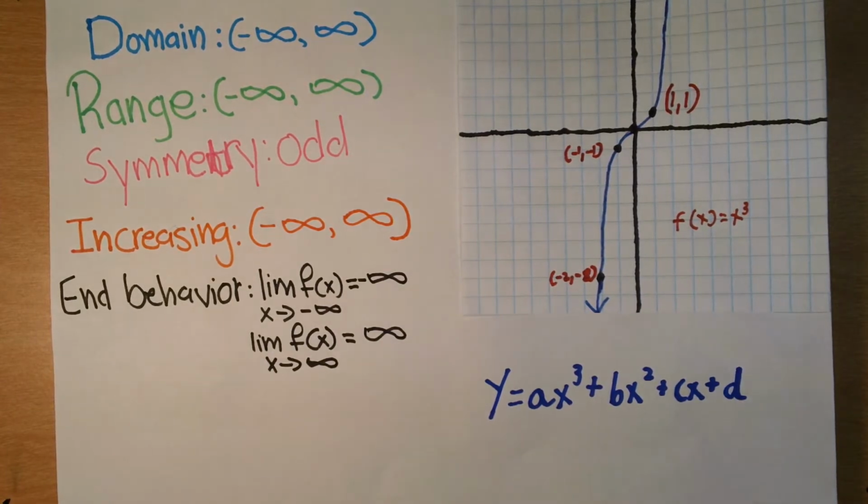It has a domain of negative infinity to infinity. Its range is all real numbers. It has odd symmetry. It is not bounded, has no discontinuities, and is always increasing.